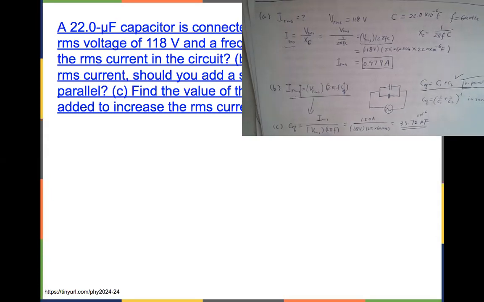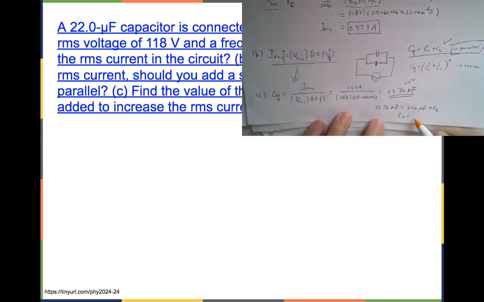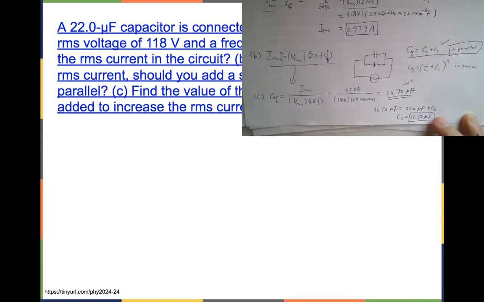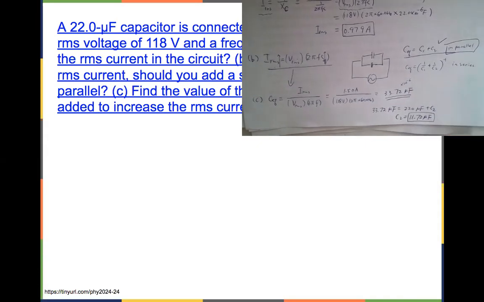So my C2 can be solved. Sorry that I didn't get that in the camera. But by solving this, C2 is going to be 11.72 microfarad. So you can pick a second capacitor which has that capacitance and put it into the circuit in parallel to the first one. That's what you need.